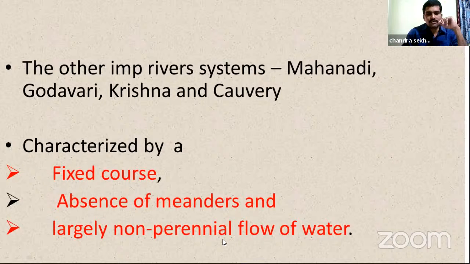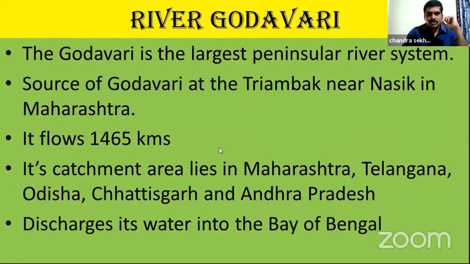Here non-perennial rivers means these rivers don't have water all the year; only in the rainy season they have more water. In summer season some rivers may dry up also. Okay, that's why these are non-perennial rivers. There is no change in the course, the fixed course is there.